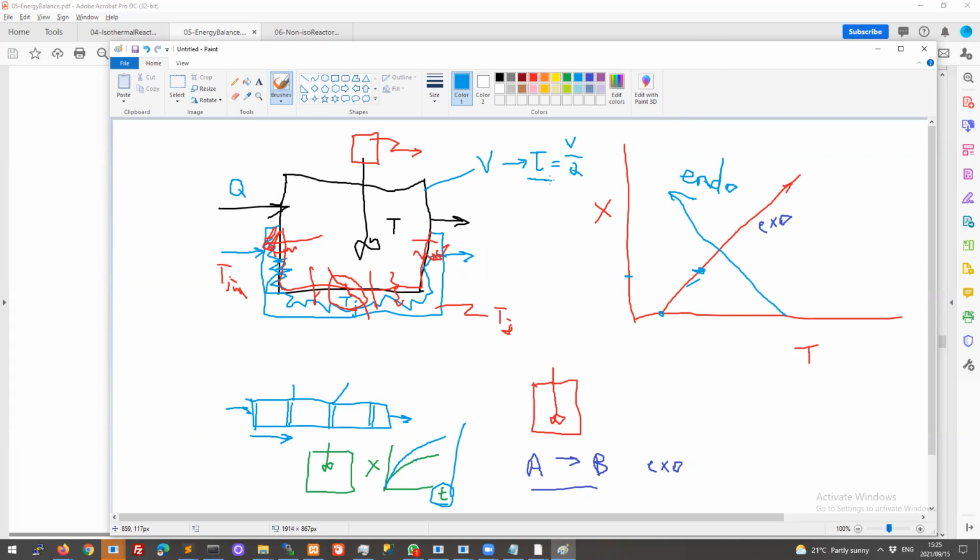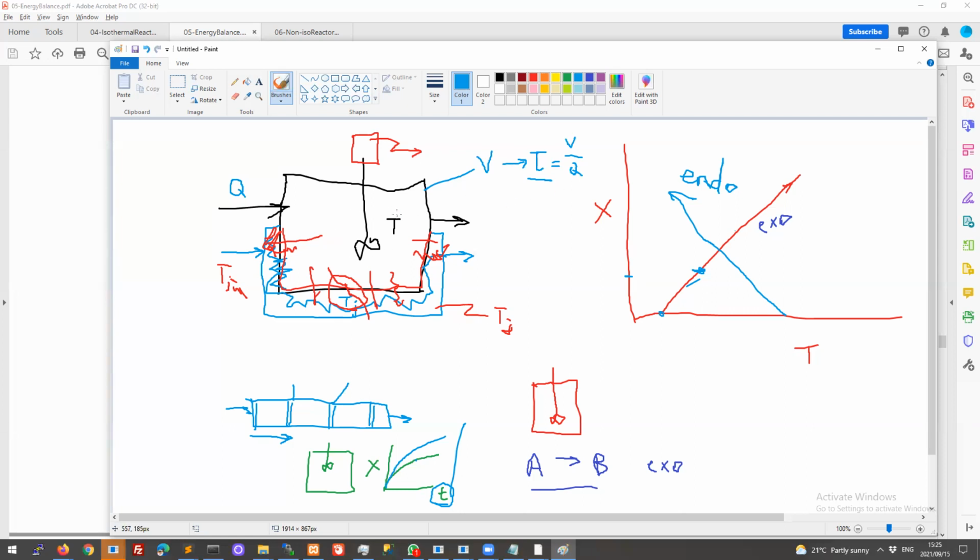So as the volume changes and tau changes, you are going to accomplish different extents of conversion. And so as your conversion changes because you've changed the volume, then the operating temperature in that whole reactor changes as well. So you see the energy balance is intimately related to the operation of that reactor, right?